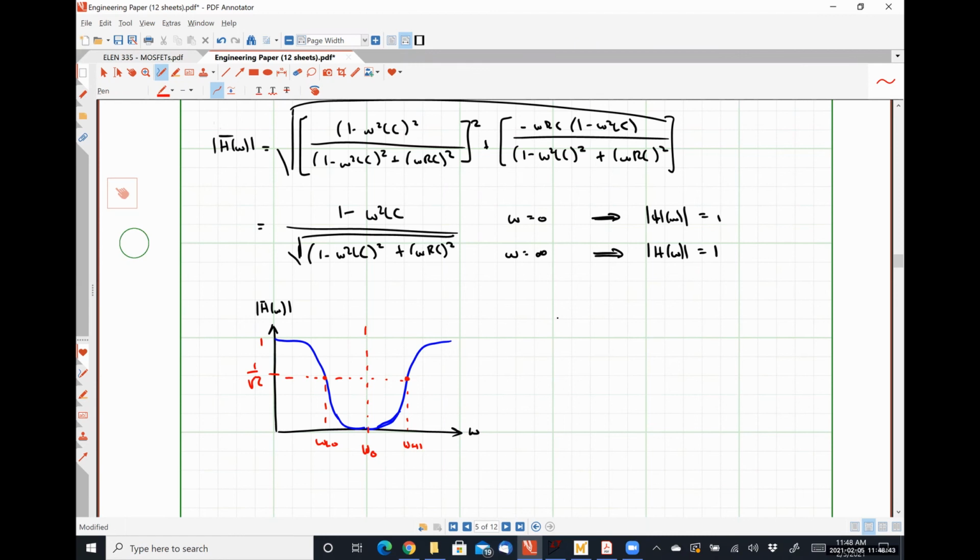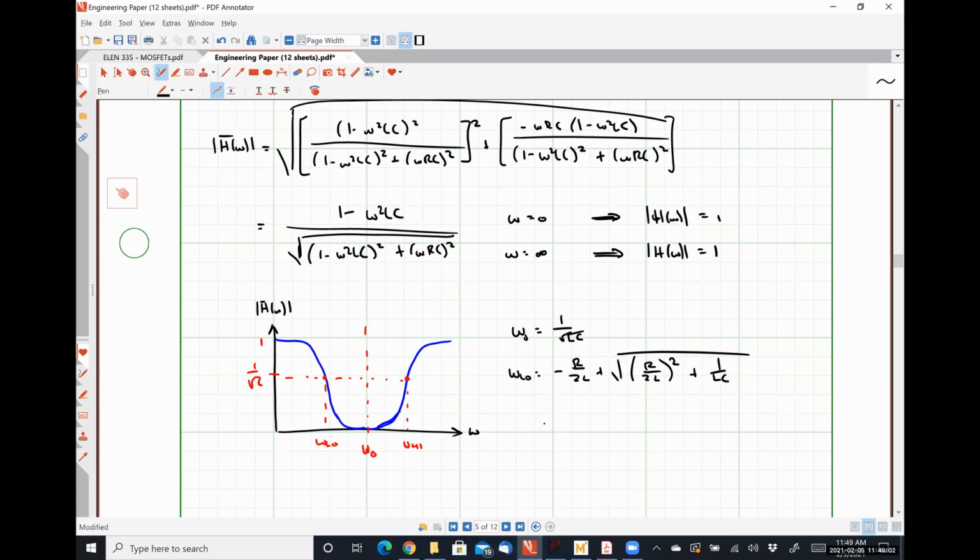Omega naught is 1 over the square root of LC. Omega low is negative R over 2L plus the square root of quantity R over 2L squared plus 1 over LC.